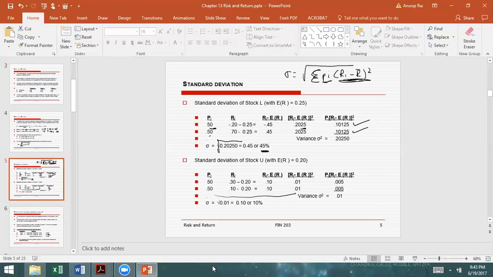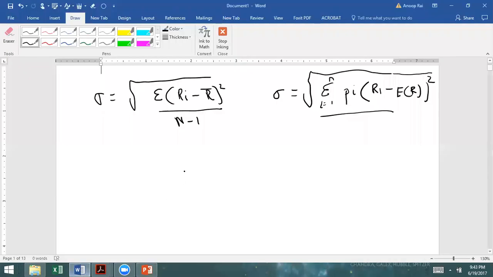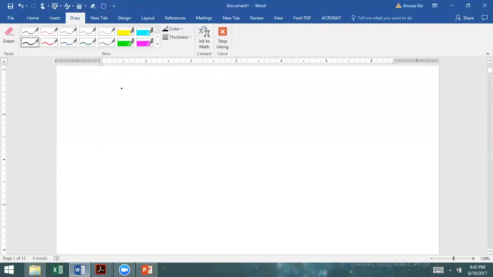So let me just go back to my sheet. So with stock L, we had an expected return of 25%. Stock U, we had an expected return of 20%. When we calculated the standard deviation, it was 0.45, and this was 0.10.